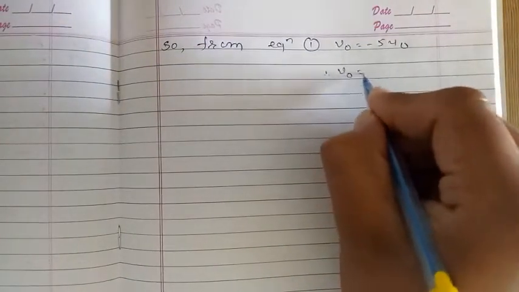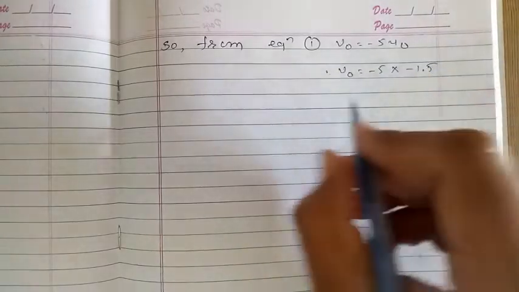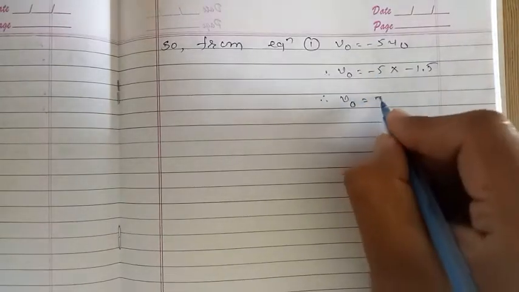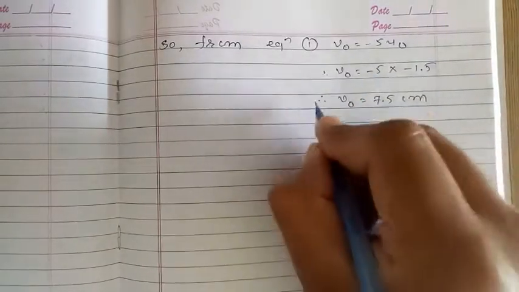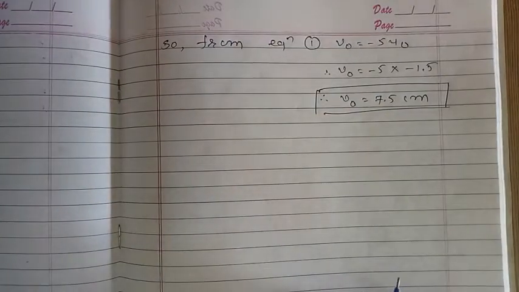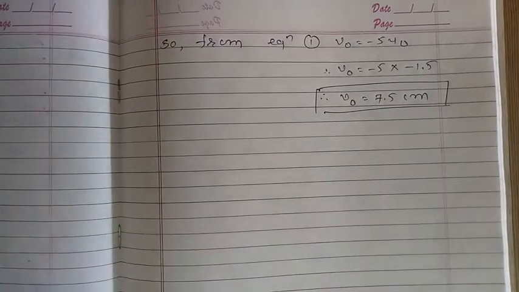So VO is equals to minus 5 into, we know the value of UO minus 1.5. So we get VO is equals to 7.5 centimeter. Right. Now we know the value of VO 7.5 centimeter.